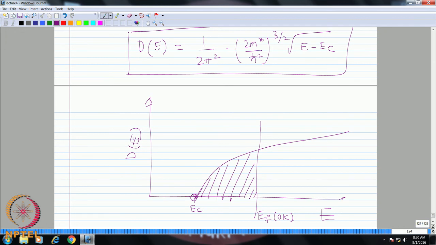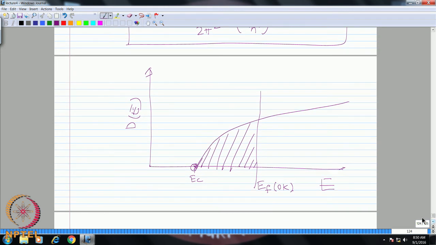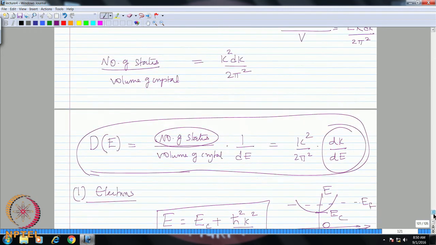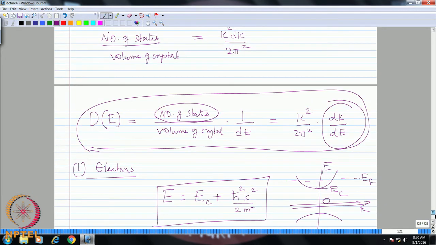One example of how this density of states is useful is that you can count the number of quantum states as simply an integral, because what is the definition of density of states? The number of states per unit volume per unit energy interval.